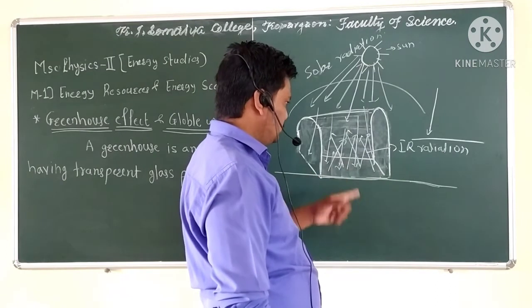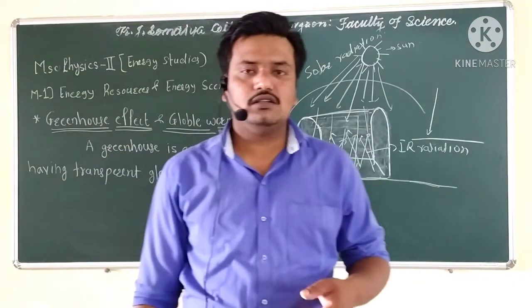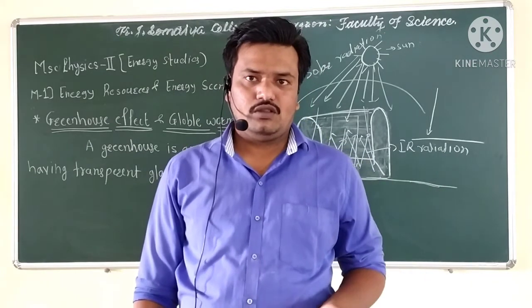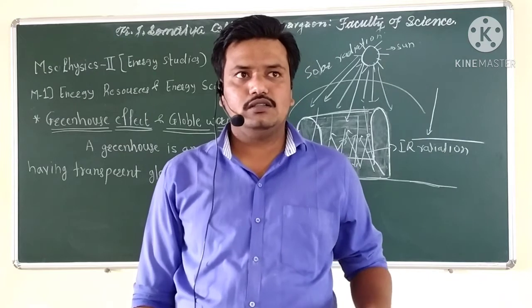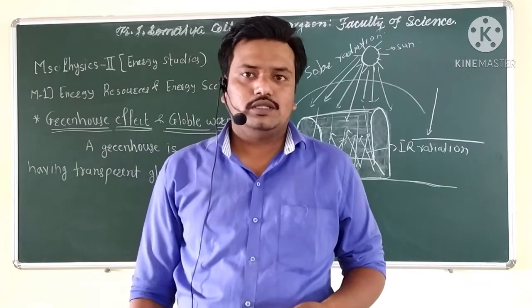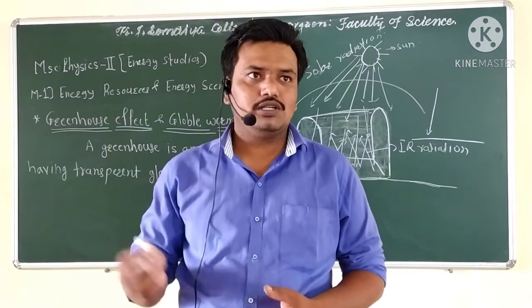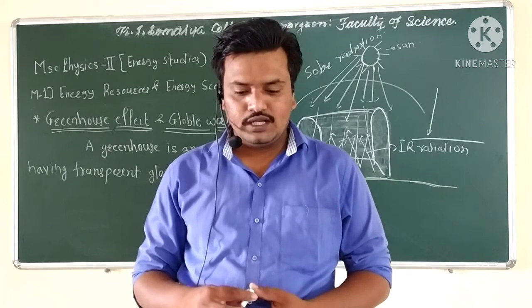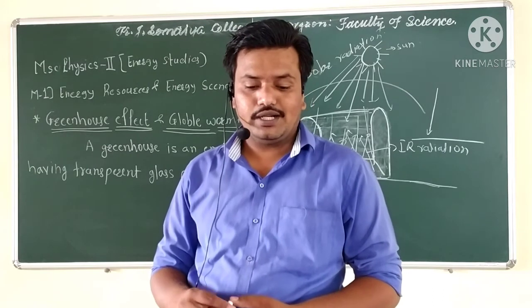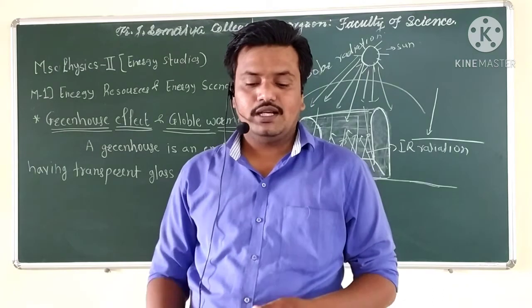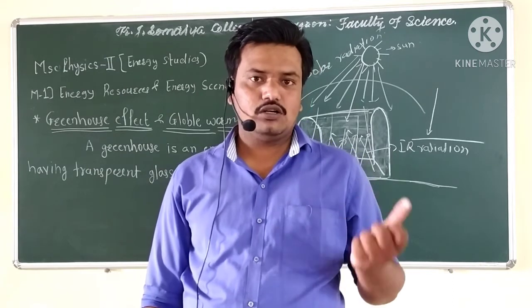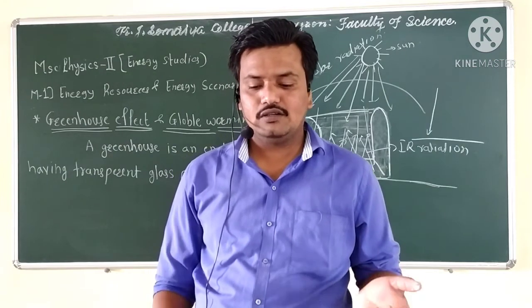This structure is used in very cold or winter areas to grow good agricultural crops. The glass becomes largely opaque to the infrared radiation reflected from the earth's surface, preventing the heat from escaping, and the greenhouse maintains a controlled warm environment inside for the growth of plants.